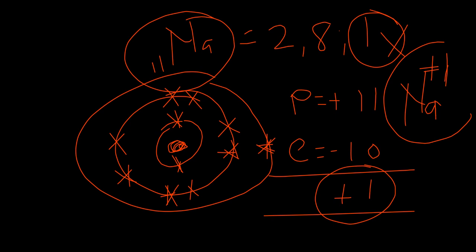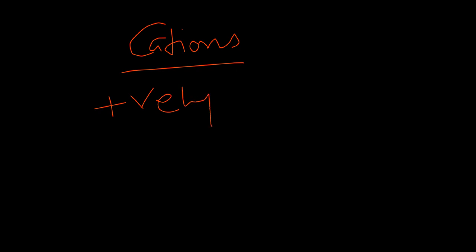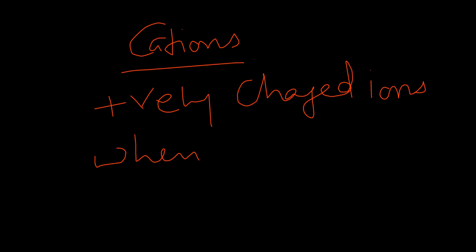Simply put, cations are positively charged ions. How are they formed? They are formed when atoms lose electrons.